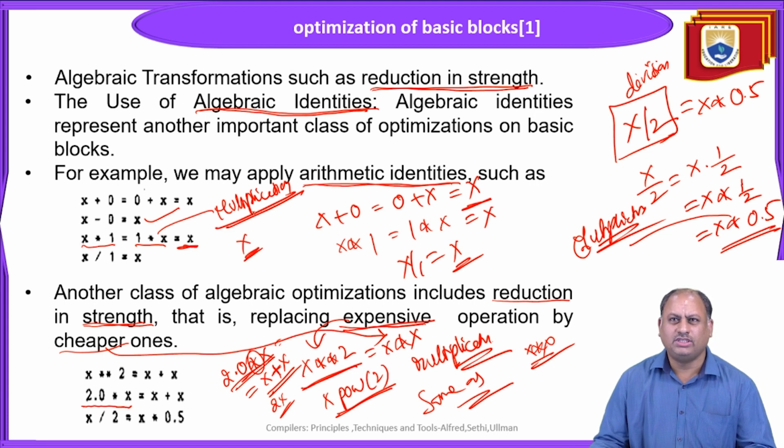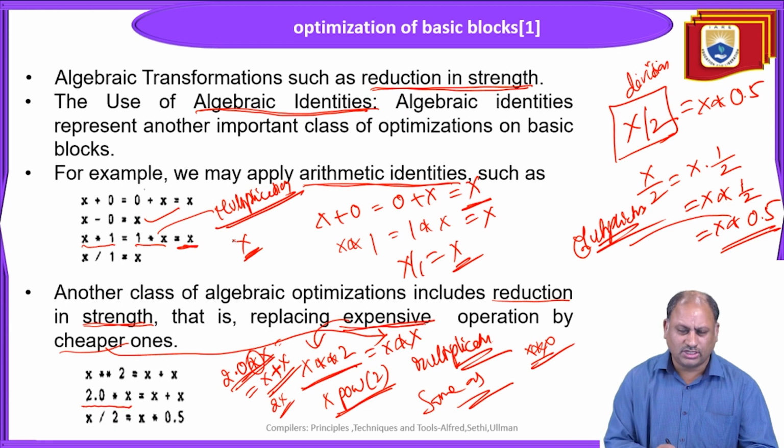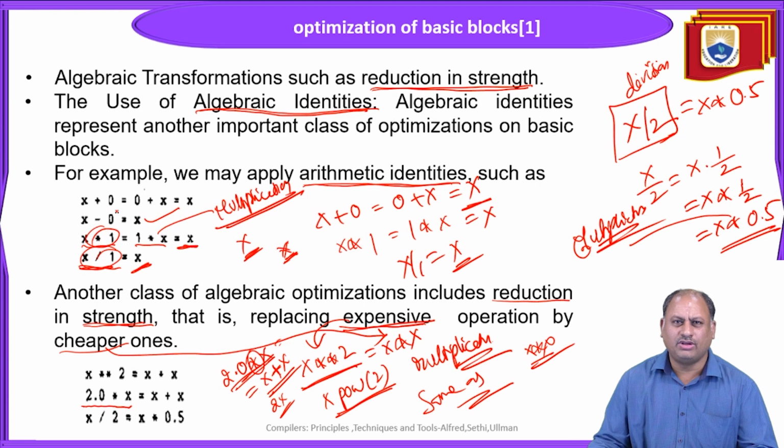So with the arithmetic identity, the multiplication is not required for this result x. See here x divided by 1 gives the same result as x, but we are going to use x without any operation.